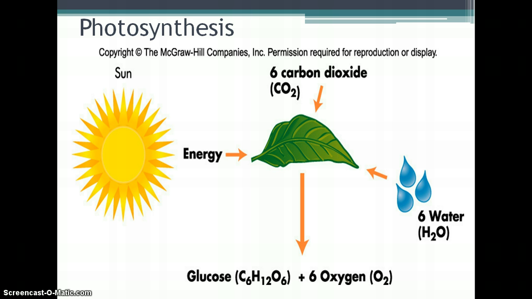Well, if you think about that, couldn't humans just go outside and expose ourselves to sun, breathe in some carbon dioxide in the air, and just drink some water? We should be able to make glucose, should we not? We have all the right elements. Well, of course, we can't do that, which means we have to consume plant foods, which have the specialized cells that engage in photosynthesis that we cannot.